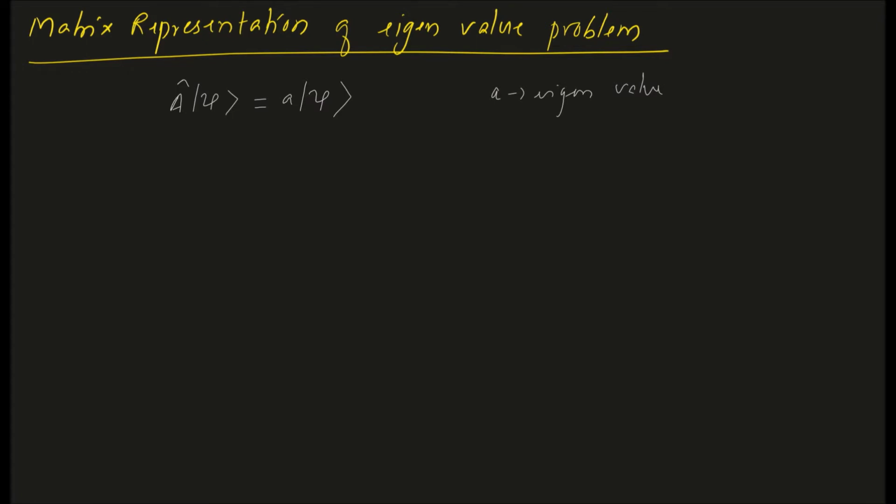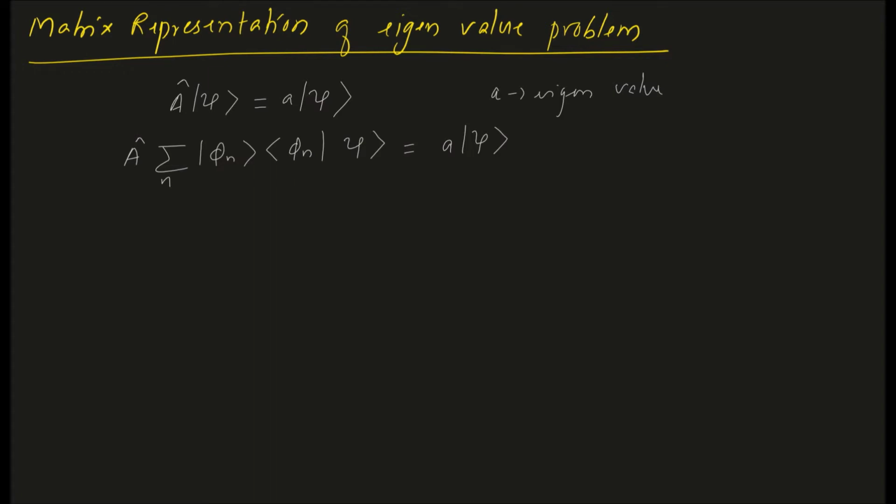Now we insert the unity operator between A and psi. That means A, summation over n, phi n, bra phi n, psi is equal to a psi.